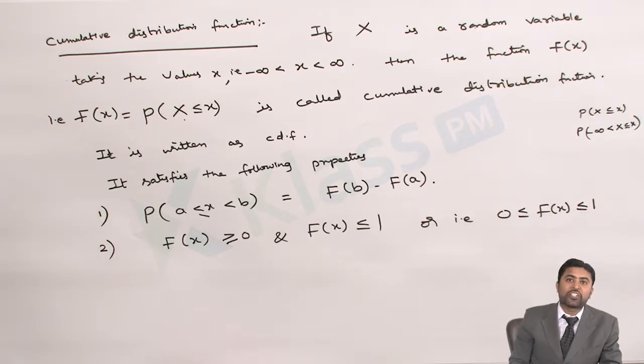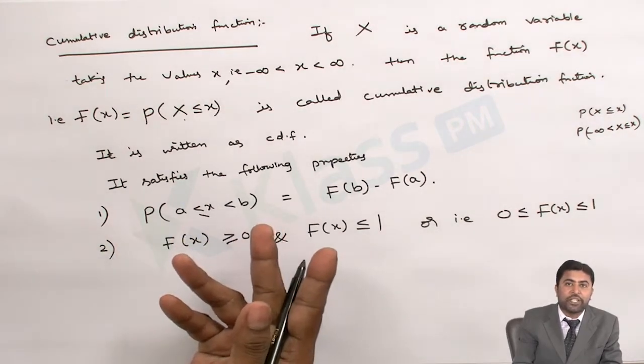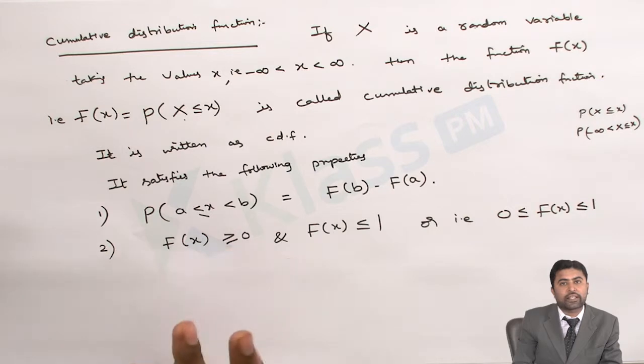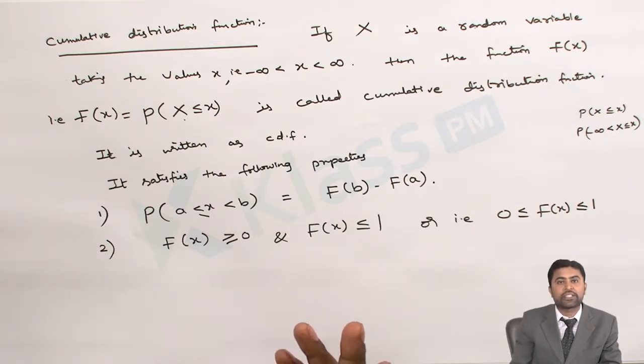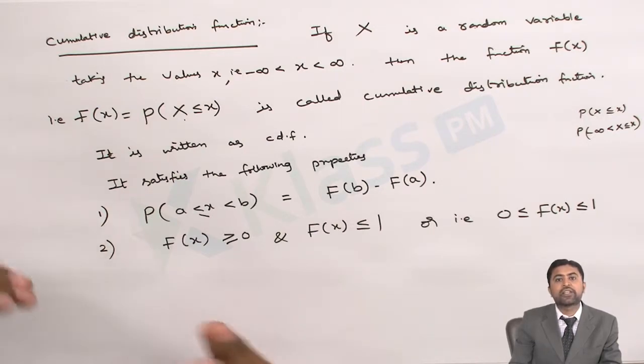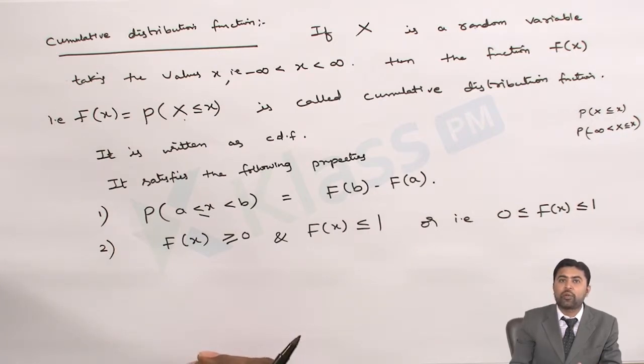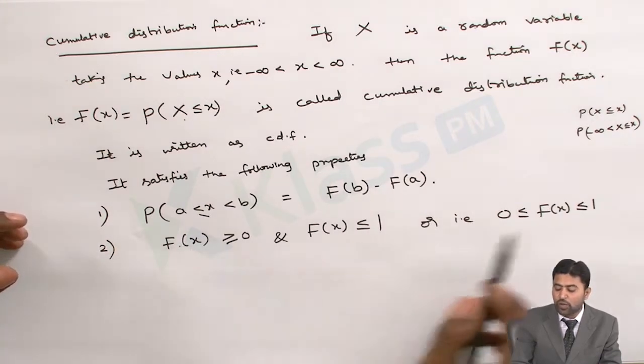As we wrote the cumulative distribution function in terms of the probability P of X less than or equal to x, it also has to satisfy the properties of probability. That is, we know that probability lies between 0 and 1. So therefore, the cumulative distribution function value also should lie between 0 and 1.